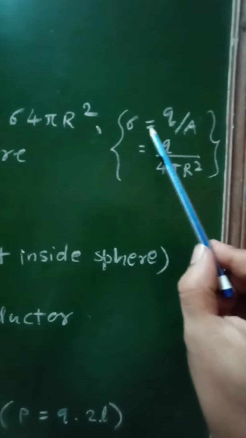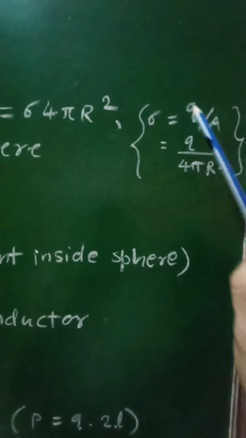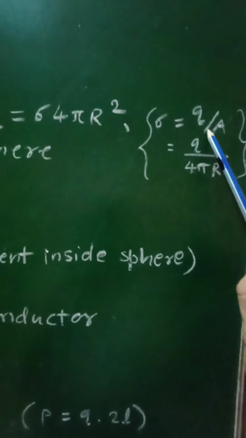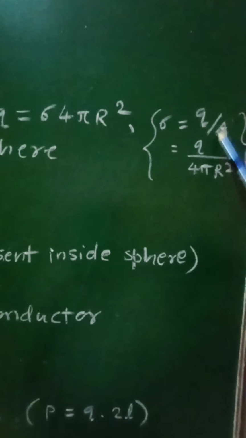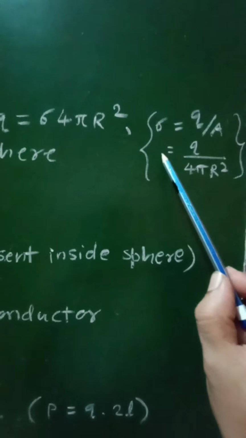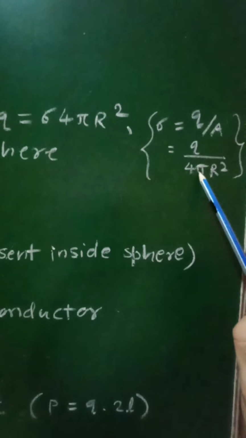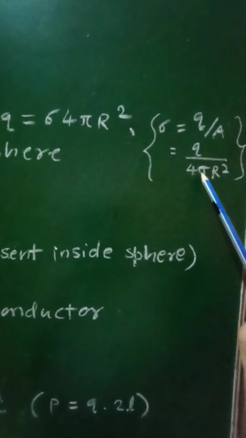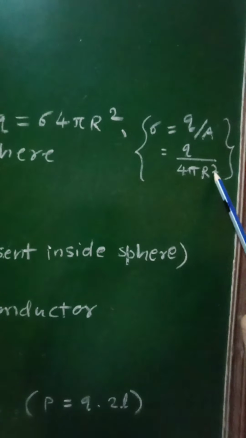That is, sigma is equal to q by A. For a sphere, the surface area is 4 pi r square, and therefore sigma will be equal to charge upon surface area, that is q upon 4 pi r square.